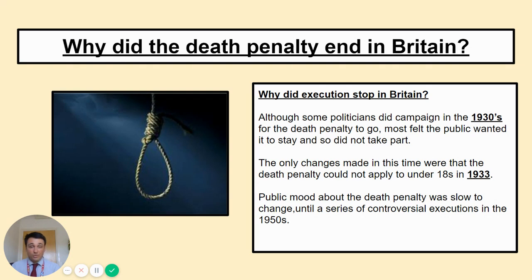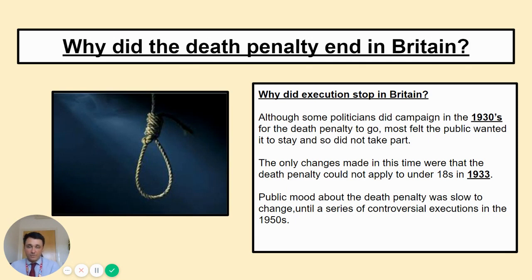And so they didn't want to risk being unpopular, the last thing a politician ever wants to be. And so they just kept the death penalty as a result. The only change made during this time was in 1933, when they said the death penalty now could not apply to under 18s. So the age that you could be killed is slowly going up. And really, until the 1950s, this is where the changes to the death penalty stop.